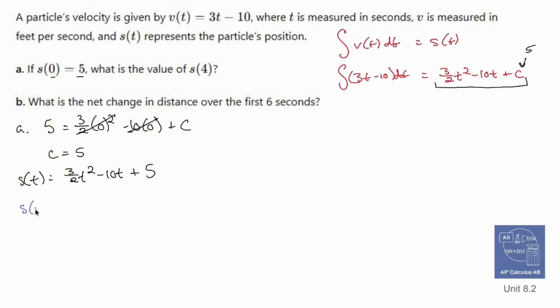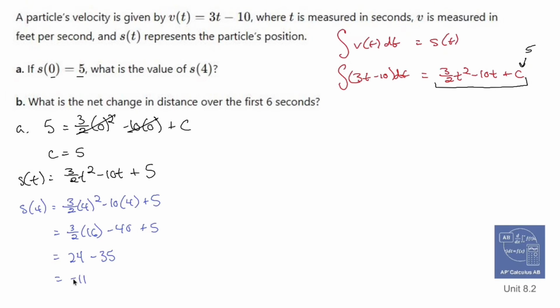So s of 4 is going to equal 3 halves 4 squared, a fun game, minus 10 times 4 plus 5. 3 halves of 16 minus 40 plus 5 is going to be 24 minus 40 plus 5, which is minus 35, and 24 minus 35 is negative 11. So according to this problem, I am negative 11 feet backwards at 4 seconds.